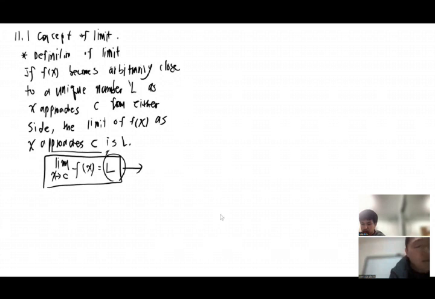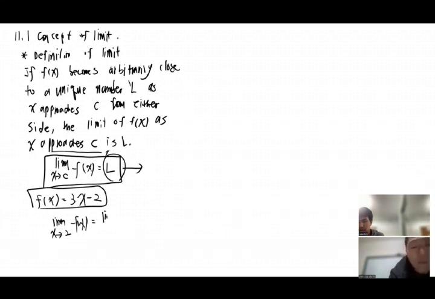So let's take a look at the basic concept of limit with the example problems. Let's bring up an example function. f(x) now is 3x minus 2. Now consider the limit case of x approaching 2 of this function f(x), so that is the limit as x approaches 2 of 3x minus 2.